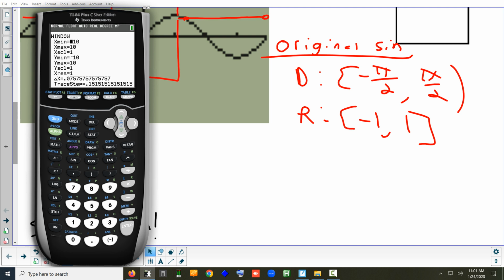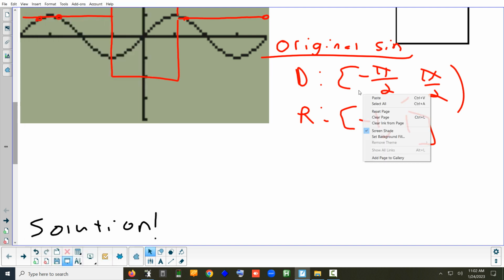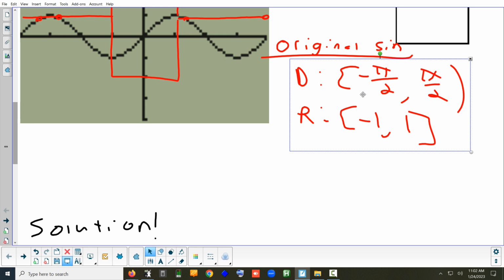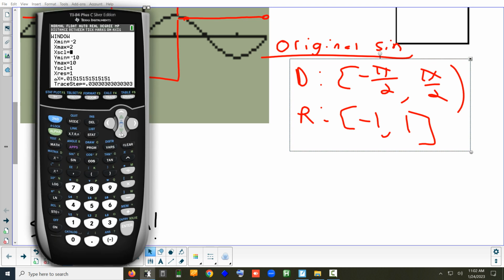So let's set our domain from negative 2 to 2, because that was the range of the original, well, negative 1 to 1. And pi divided by 2, that's about 1.57. So I'm going to do negative 2 to 2 again for my range, because I want to go a little bit beyond negative 1.57 and positive 1.57, so it's not right at the edge of the screen. So let's do negative 2 to 2 for that.